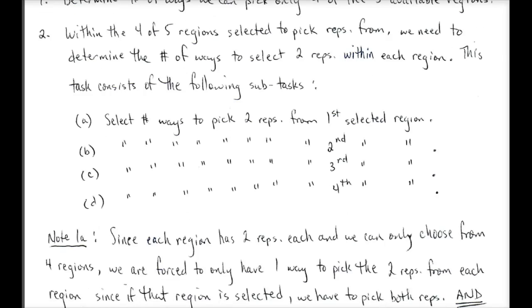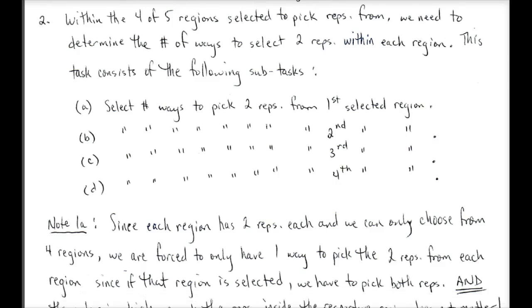Now, again, for this particular problem, since we know that we have to pick everyone within that region, it's really kind of redundant to actually go in and do the subtask that I say here for, let's say, selecting the 2 representatives from the first region, the second, the third, and the fourth. Okay, but I do that for clarity so that I can set it up for the following example that I'm going to do, where the number of people in the regions aren't necessarily the same for all regions.